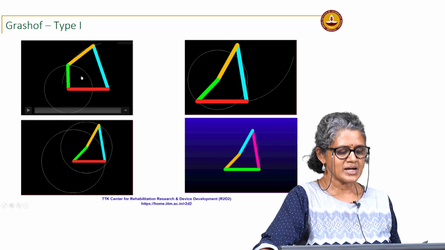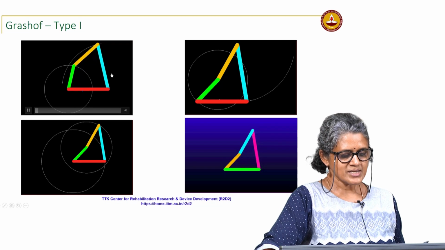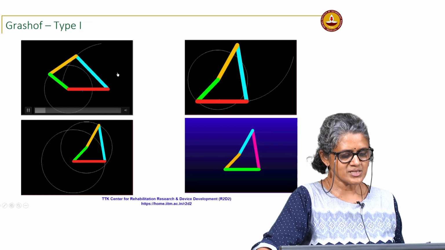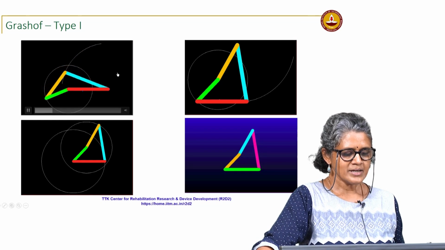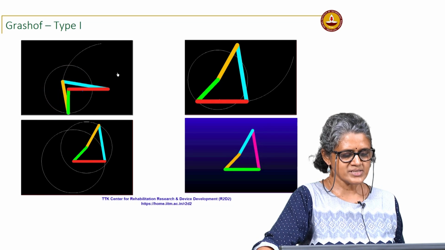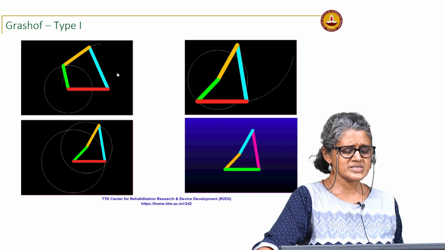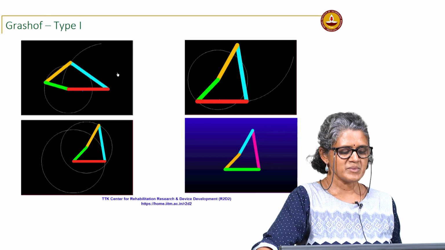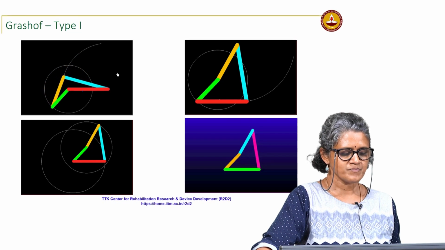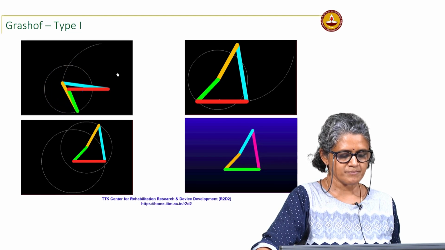Here you can see that the shortest link, the green link, makes a complete rotation, and the other two links go back and forth between two limits. Okay, so you can see the blue rocker, the limits of motion of that rocker.